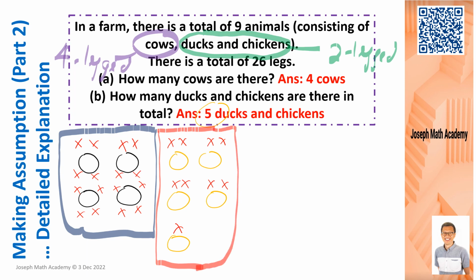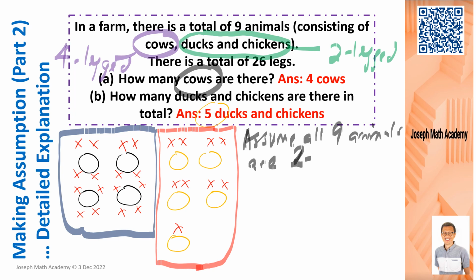So we can already use the making assumption method. Same as the first video, we can assume all the 9 animals in the farm are, okay, we want to find the cows, right? For part A, we will assume the opposite: two-legged.